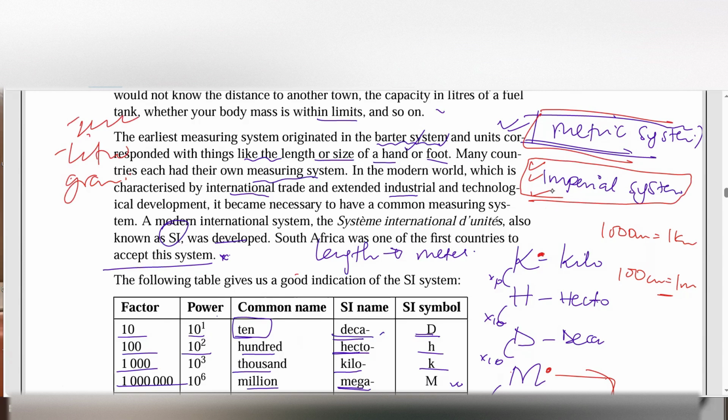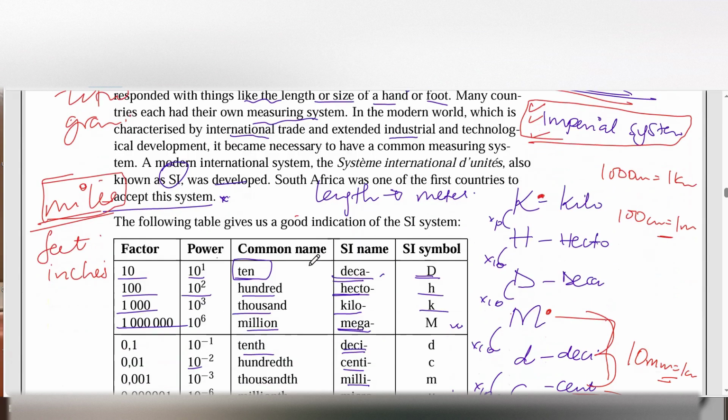We talk of the feet, that is a measurement of distance. You might have heard of something like miles, it's also a measurement of distance. For bigger distances, they use miles. For smaller distances, they can use feet. But they can also use what we call the inches, and then all the other things.